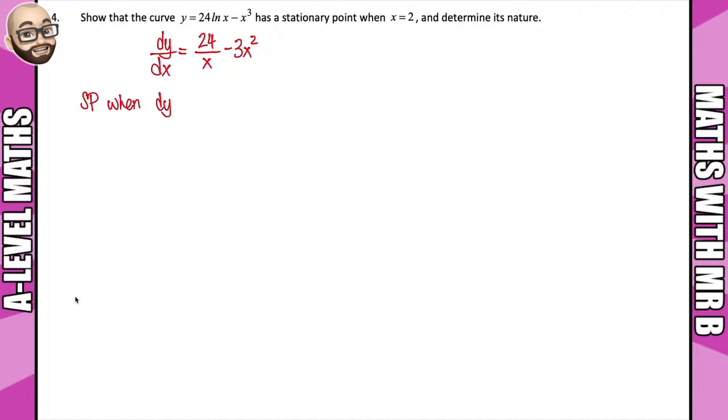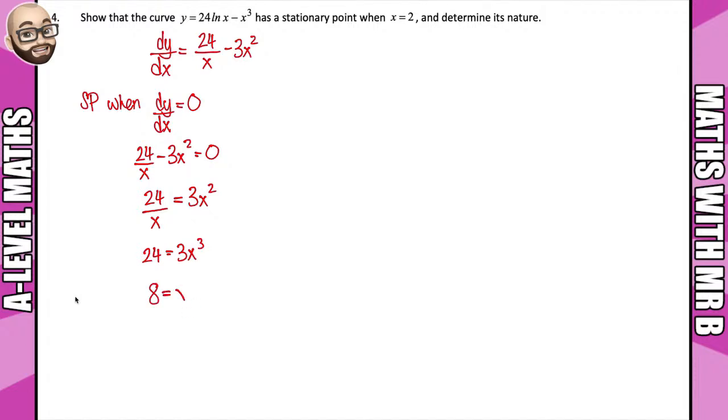That means it will occur when dy dx equals 0. So we want 24 over x minus 3x squared to equal 0. 24 over x equals 3x squared. That means 24 is going to equal 3x cubed. So 8 equals x cubed. 2 equals x.